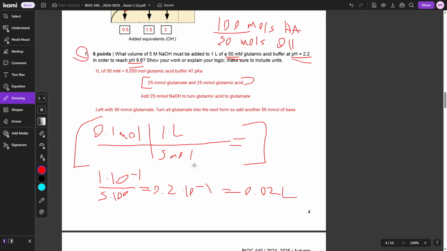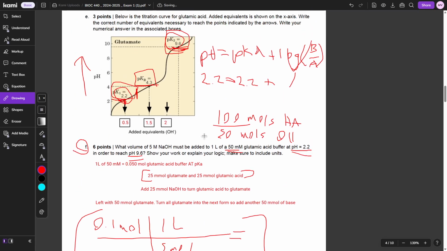Now, if you're a Chad, you could do this the faster way. You know the equivalent is 50 millimolar, and you know you're at pH 2.2.